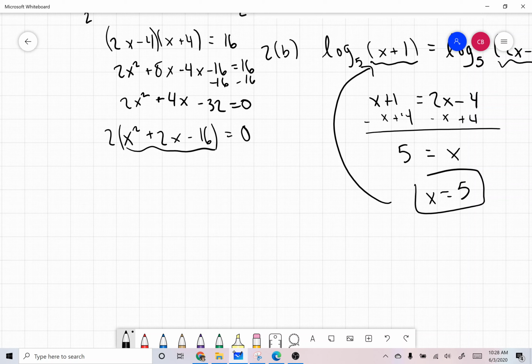multiplies to 16, adds up to 2. 8 and 2, no. 1 and 16, no. I don't think it works, but maybe I'm wrong. No. The multiples of 16 are 2 and 8, 4 and 4. It doesn't work.